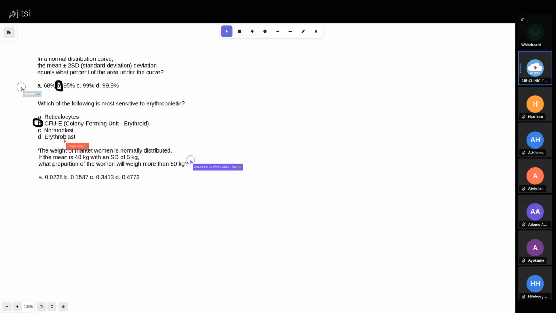If the mean is 40 kg with an SD, that's standard deviation, of 5 kilograms, what proportion of the women will weigh more than 50 kg? This one will need some mathematics.